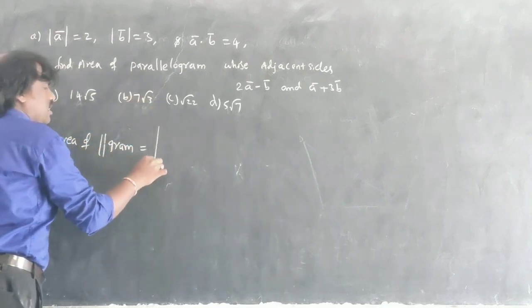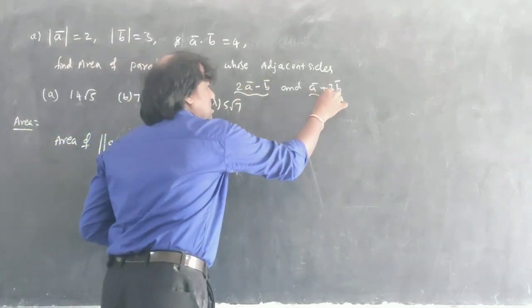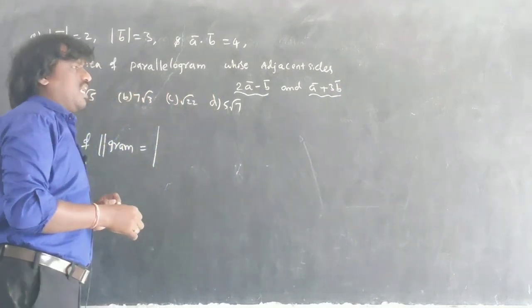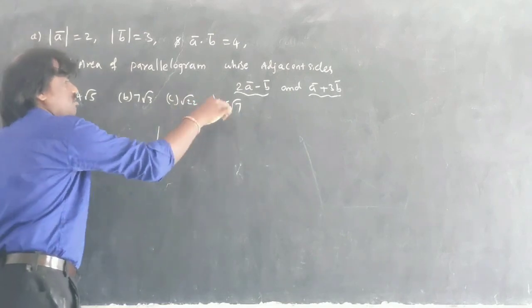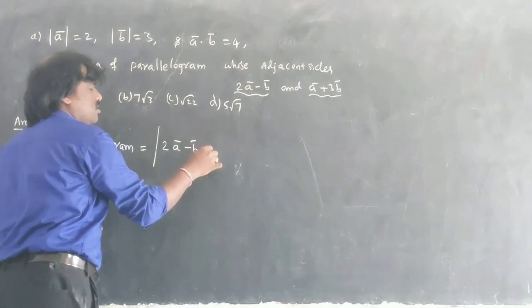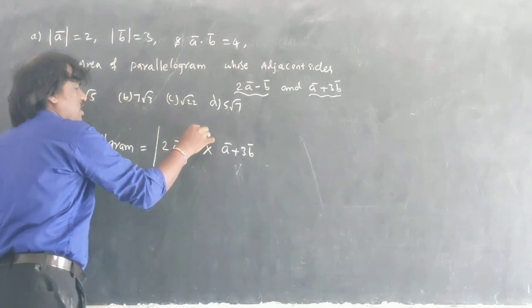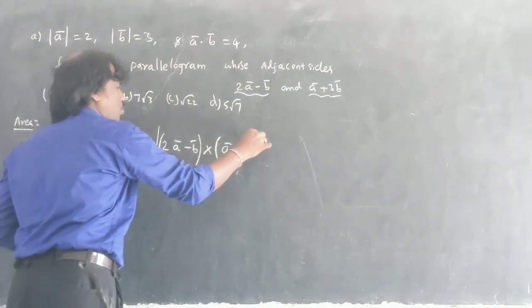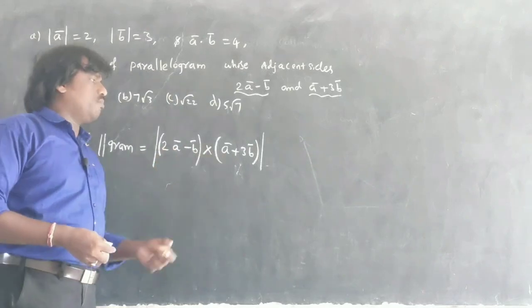If this is an adjacent side P vector and this is an adjacent side Q vector, then the area of the parallelogram is the modulus of P cross Q. So the area of this parallelogram will be (2A vector minus B vector) cross (A vector plus 3B vector). That is what you have.